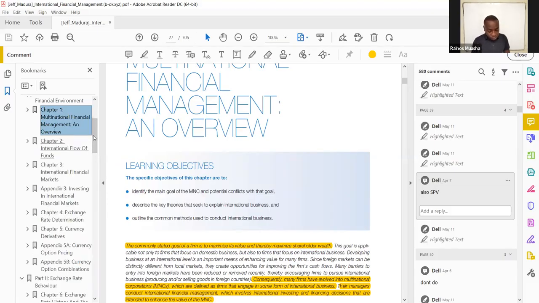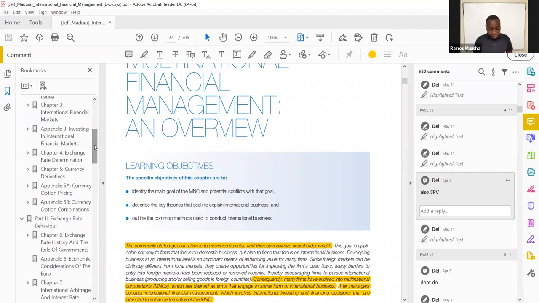Then from there, we look at international flow of funds. Then we look at international financial markets. And then from there, we also look at exchange rate determination to see exactly what are the factors that are taken into account when you're determining the exchange rate. Then chapter 5, we look at currency derivatives.